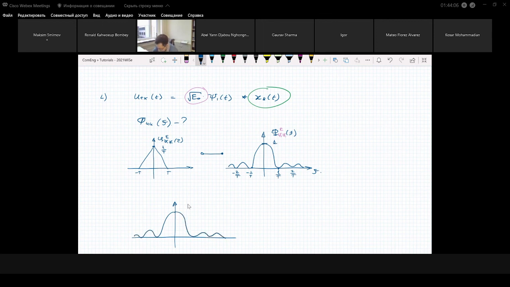We simply get the chi-squared function. And amplitude will be E0.